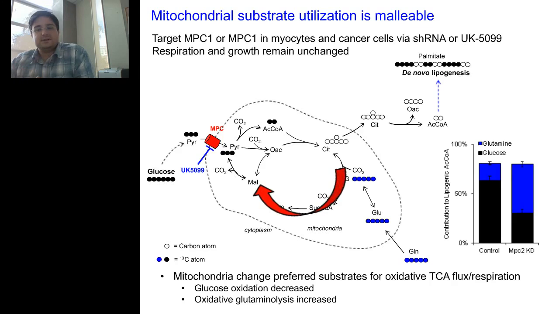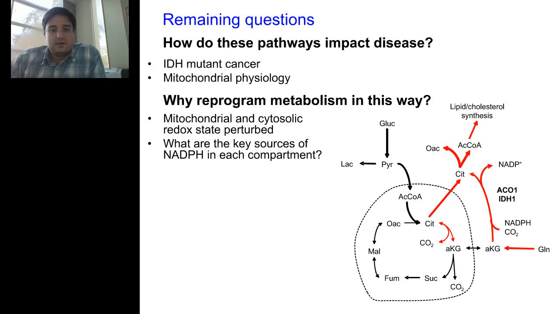Now, this gives an indication of how flexible cell metabolism and intermediary metabolism are. But how do these pathways impact specific cancers and mitochondrial physiology in general?